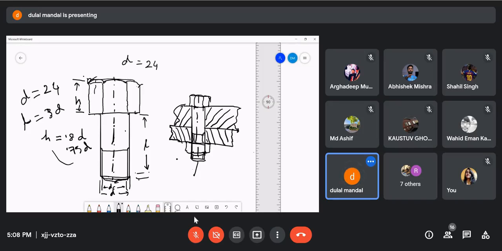Now, this one, that is the threading portion. Length of thread will be 1.5D. That is the portion being threaded. This is V thread.